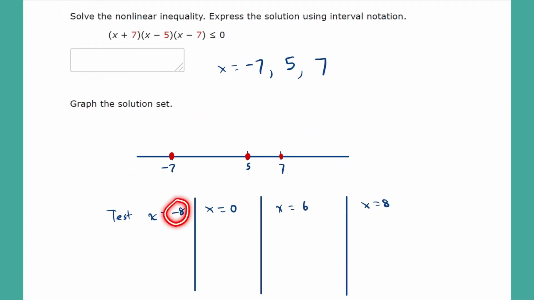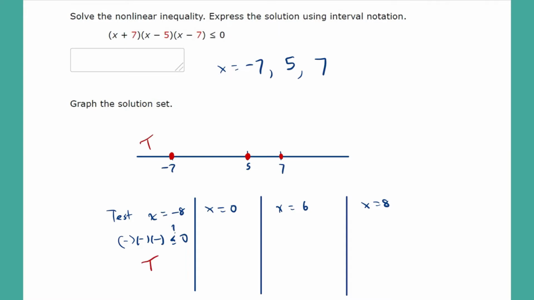So let's test these. If you plug in negative 8 here, you're going to get a negative. If you plug in negative 8 here, you're going to get another negative, and here, another negative. We want to know if that is less than or equal to 0? 3 negatives is a negative, so a negative is less than 0, so that is true.